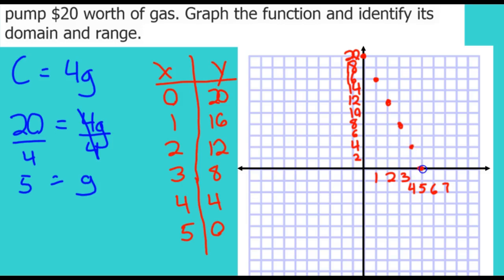And 5 gallons, I have $0 left. So my graph goes from 0 to 20, or 20 to 0, and that is all it can go.